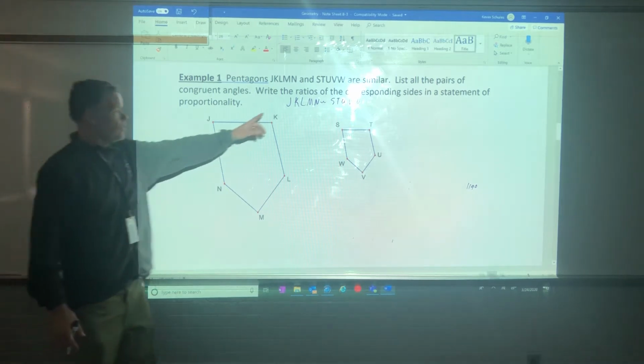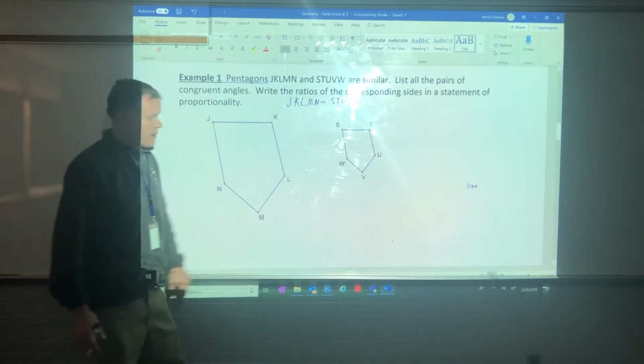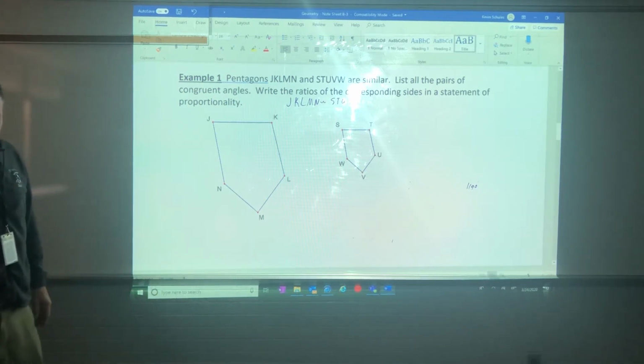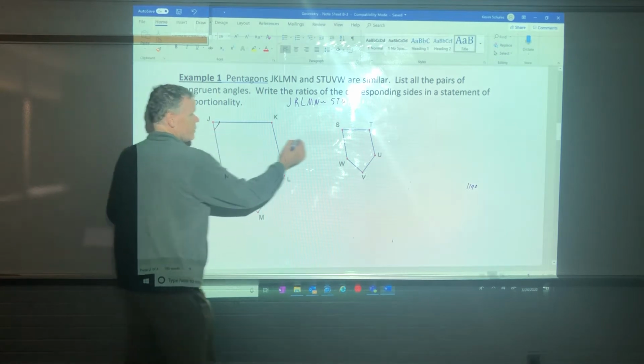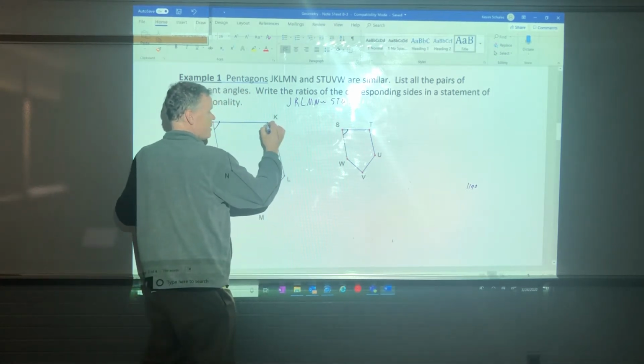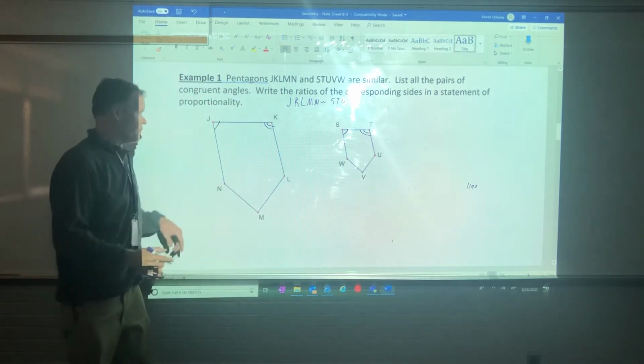Meaning our angles are going to be congruent here, okay? So we know that angle J and angle S are going to be congruent. K, we just keep adding another arc. We go to the second one, third one, 3 arcs.